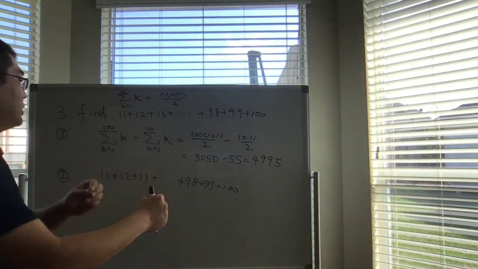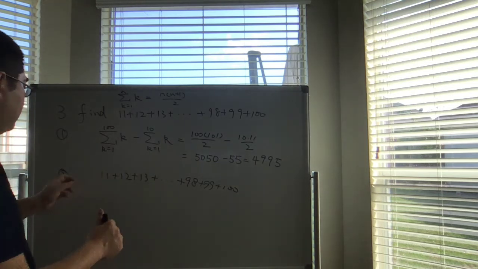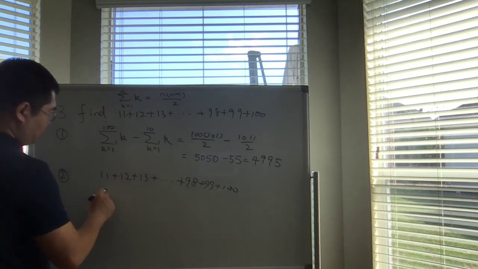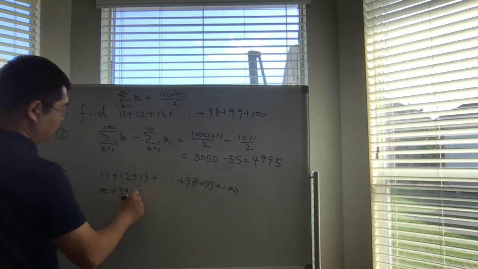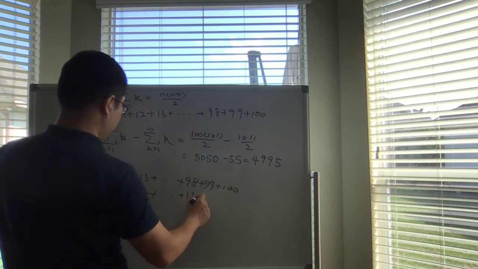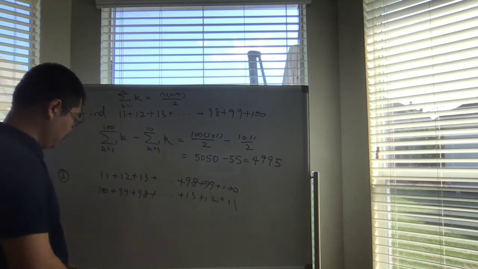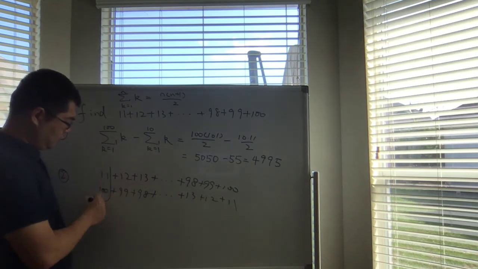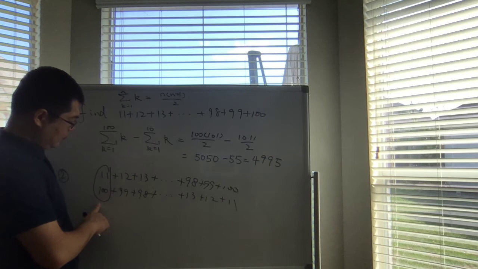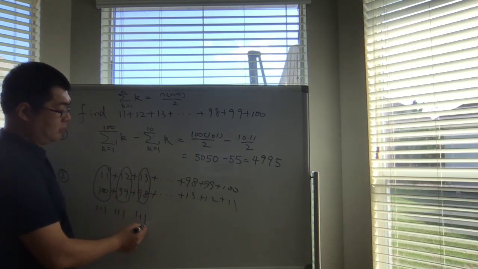If I rewrite this summation into a decreasing order, that is going to give us 100 plus 99 plus 98 down to 13 plus 12 plus 11, right? And as you can see, guys, if you add this together, they're going to give you 111. If you add all this together, it's going to give you 111, right? You add this together, it's going to give you 111, right?